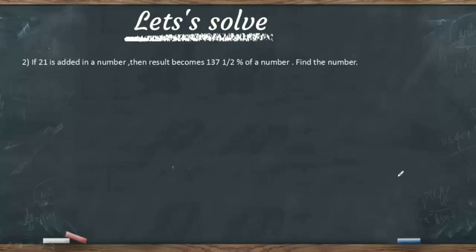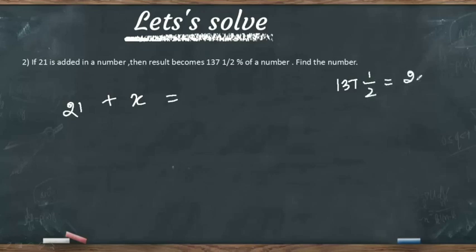The second question is: 21 is added to a number, then the result becomes 137.5% of the number. Find the number. Here also the number is not known, so let's consider the number to be x. When 21 is added to the number, it becomes 137.5%. What is 137.5% in terms of an improper fraction?